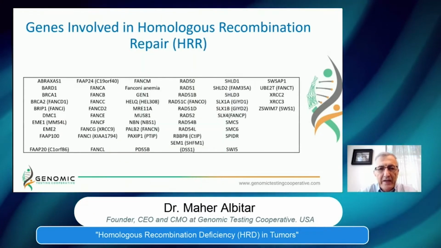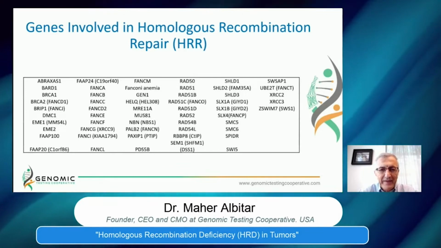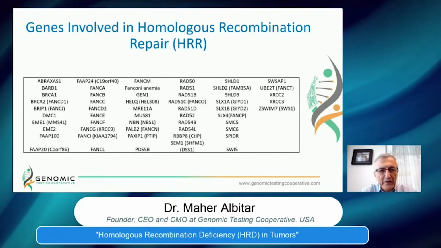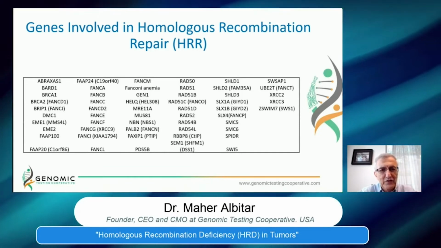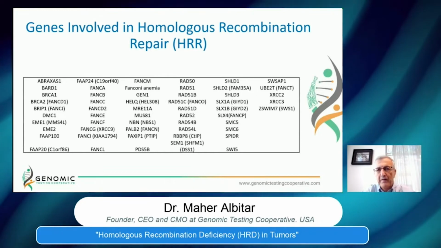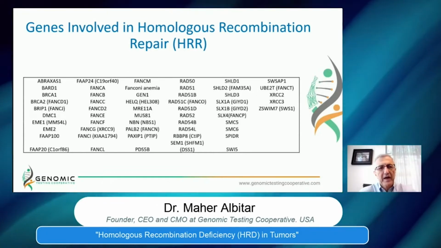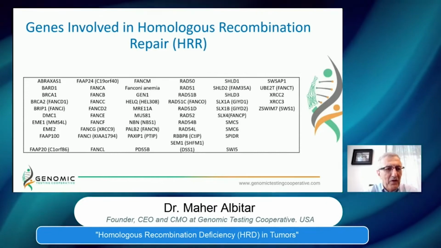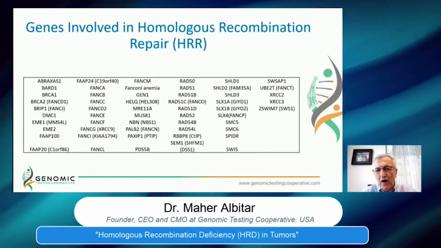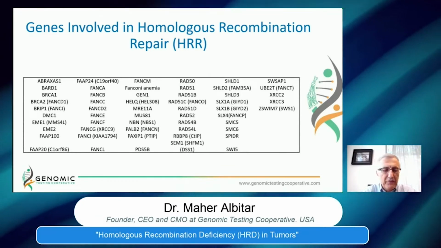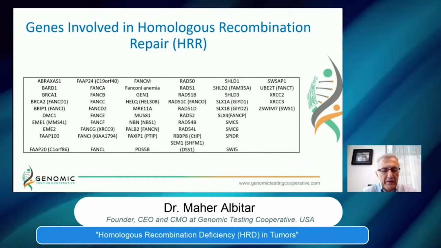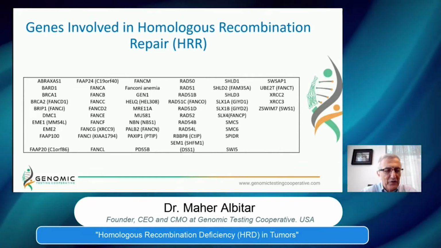Now, the genes which are involved in the entire process are numerous. As you can see, this is a list of the genes which are involved in homologous recombination repair. And in principle, practically all these genes are involved in Fanconi anemia, which is a very serious manifestation of deficiencies.